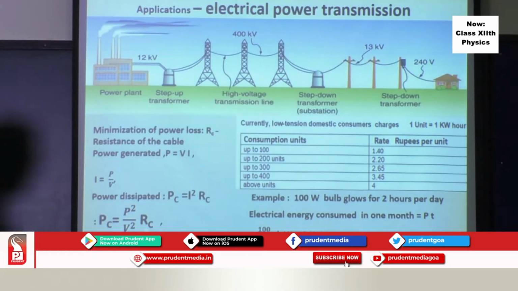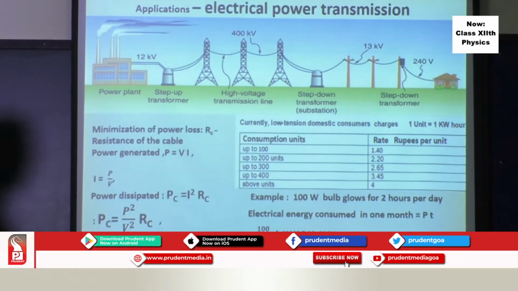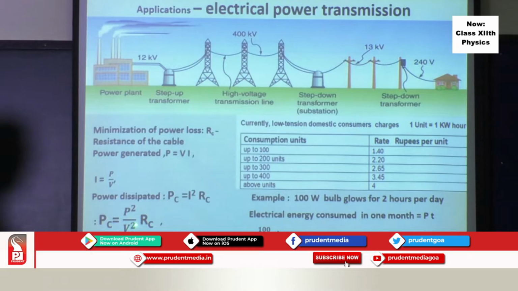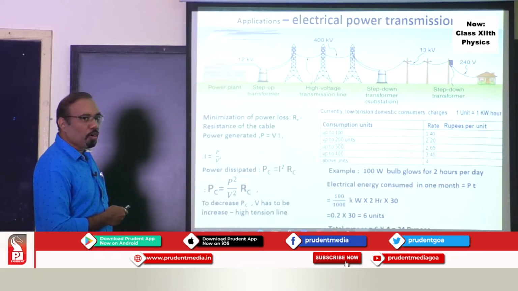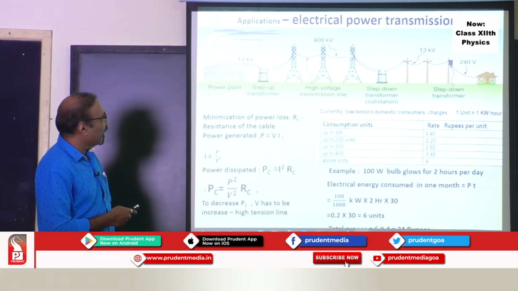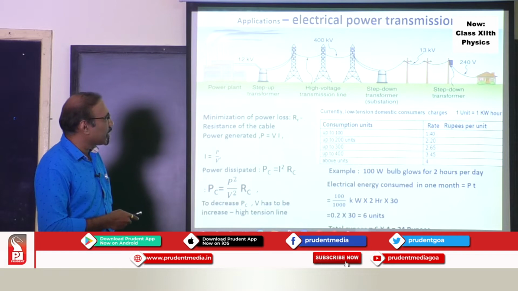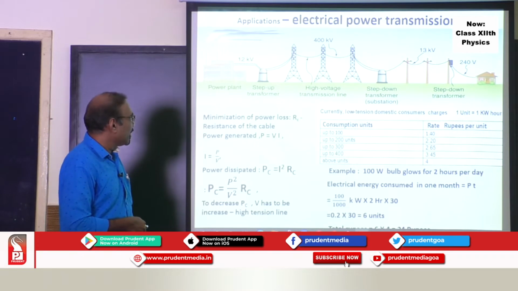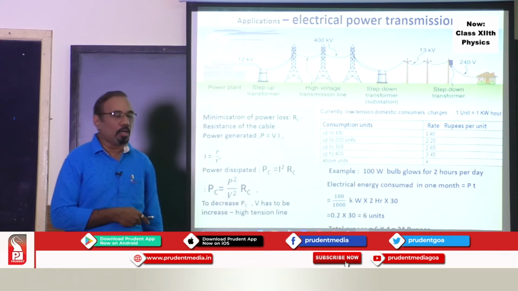And from this relation, you will come to know that if you want to reduce the power loss Pc, we have to increase V. So the voltage is stepped up by using a step-up transformer. It is put on the cable, called a high tension line. With the help of a step-down transformer, it is reduced to a safer value. So this is what is done to decrease the power loss.